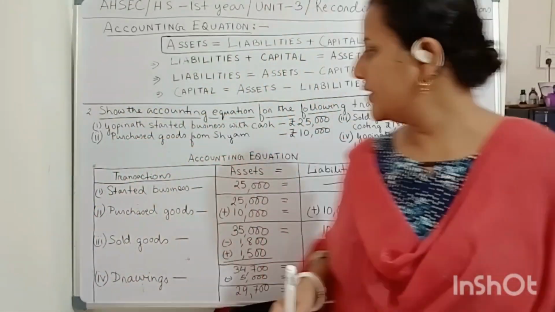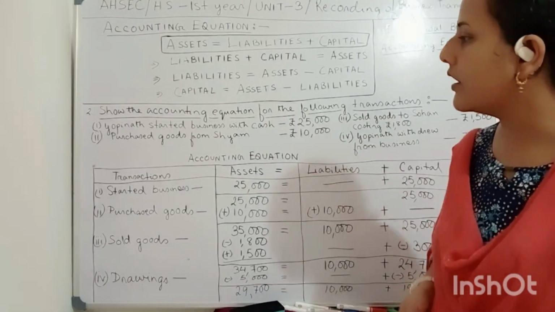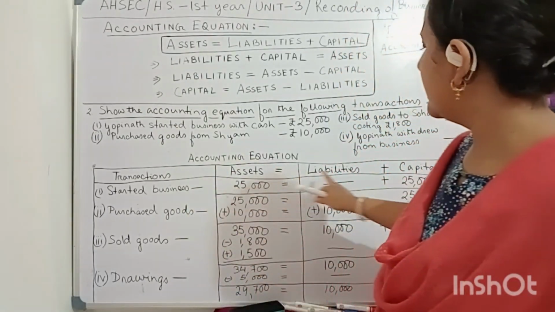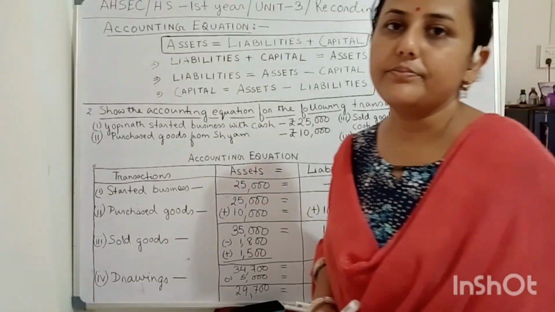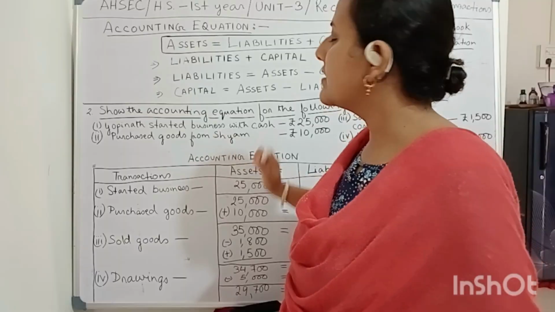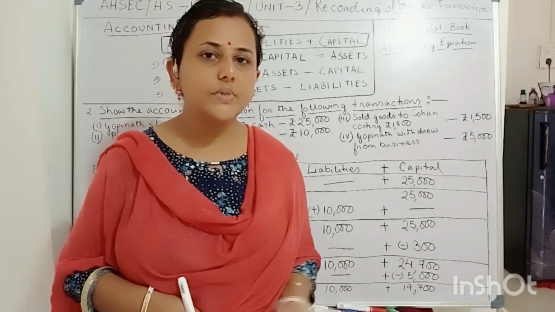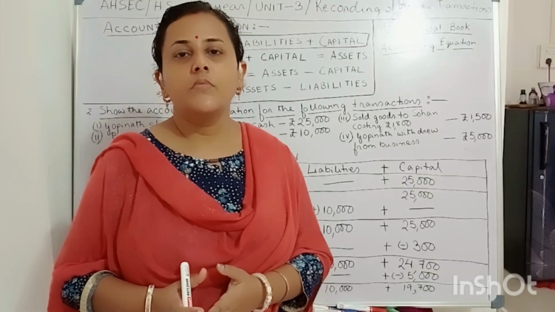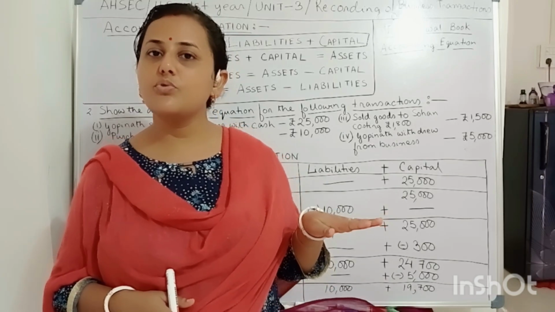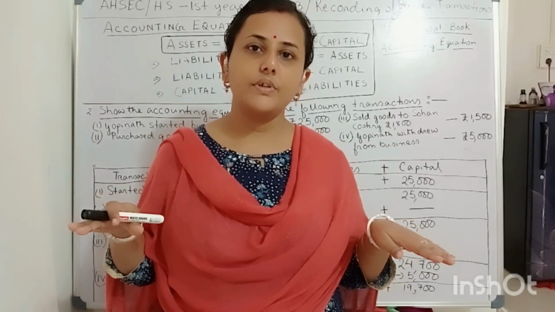So just see the format of the accounting equation. This is the format. Here you are going to write down the transactions in short: assets equals liabilities plus capital. So what is the first transaction given? Gopinath started business with cash. As Gopinath has started business with cash, cash comes into the business. All of you know cash is an asset. Capital of the business goes up. Yes or no?